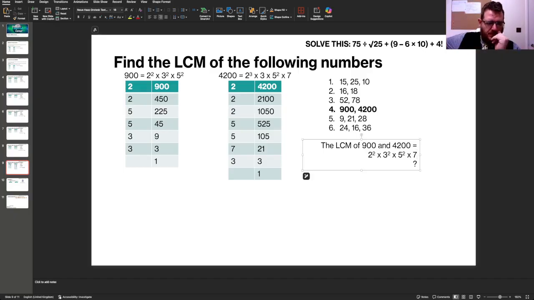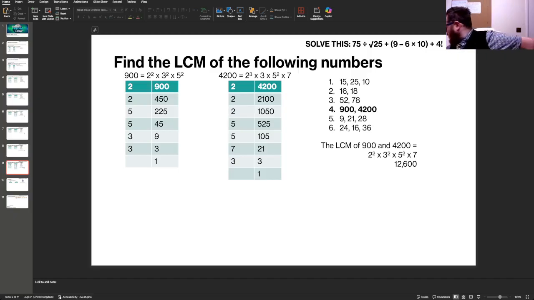But the answer that they found here was 12,600, and I'm just trying to work out how we got to that. Let me have a look at my calculator.